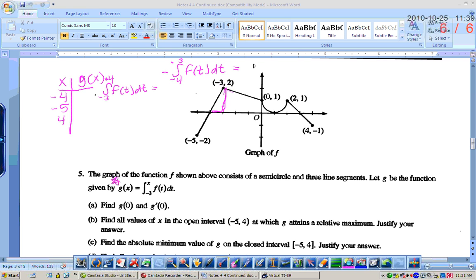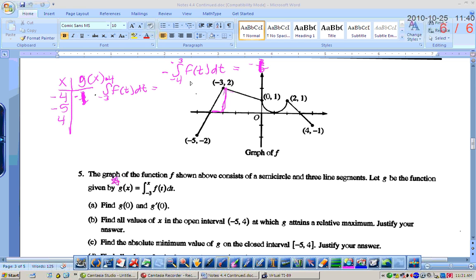But because of this negative, it would be negative 3/2. Oh, the height is 2. So it's just 2 over 2, negative 1. Sorry, thank you.